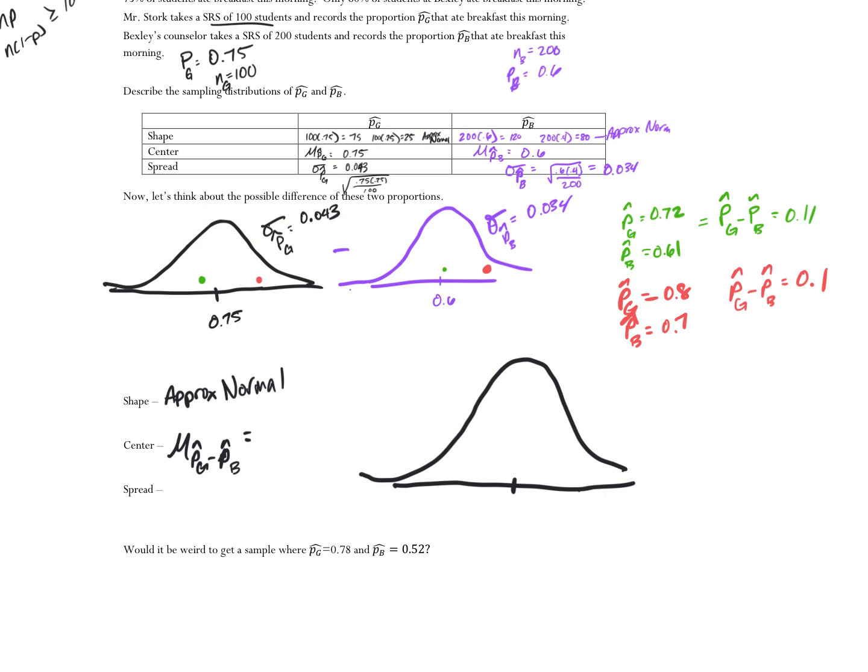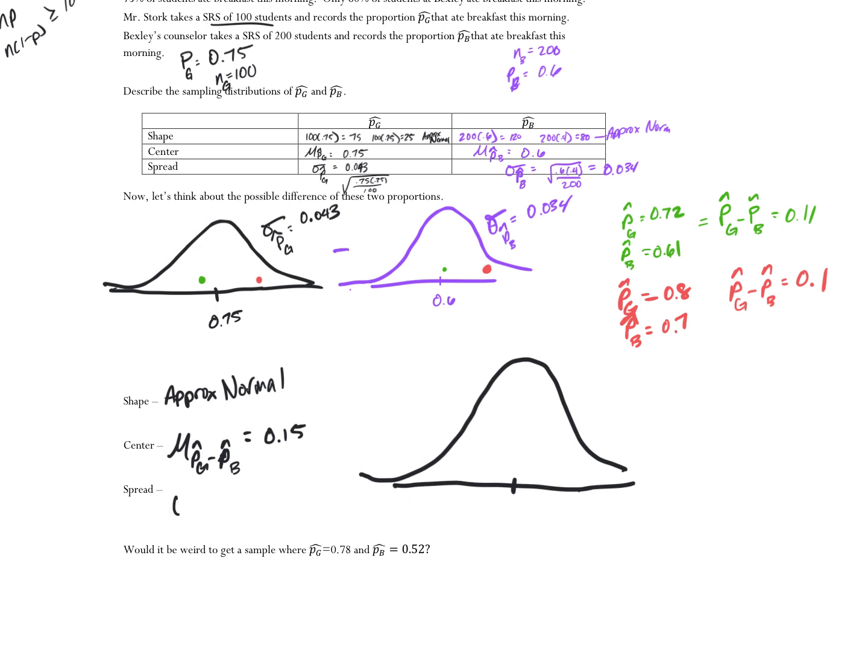Thoughts? What do I do with means when I subtract two distributions? If you don't know the answer, you're overthinking it. You just subtract the means, yeah? So the mean of that new distribution will be 0.15.